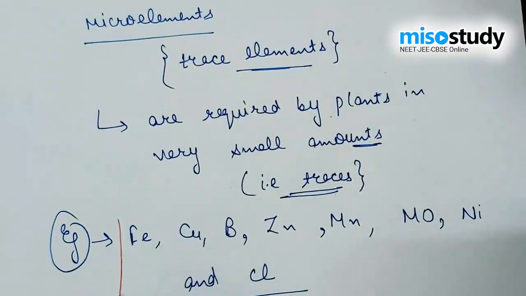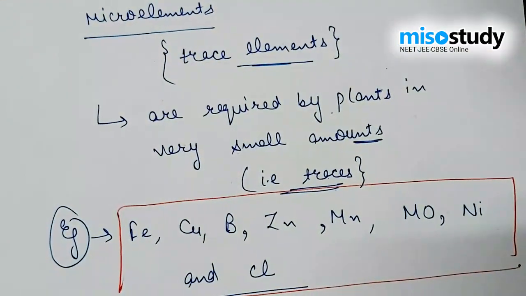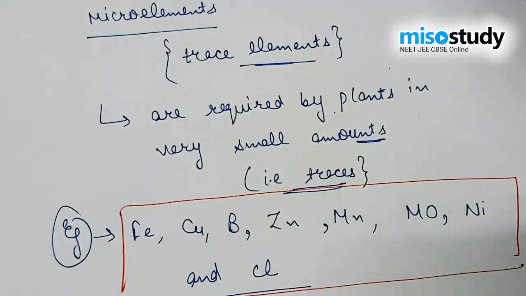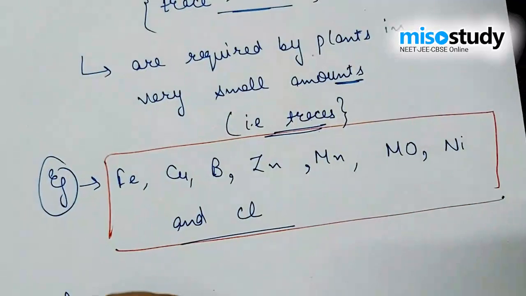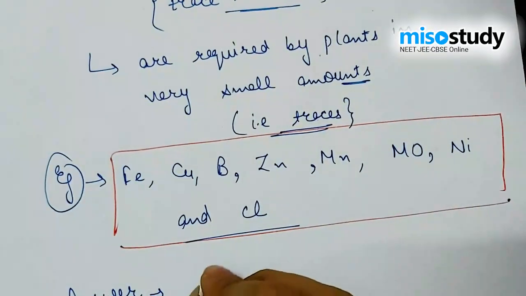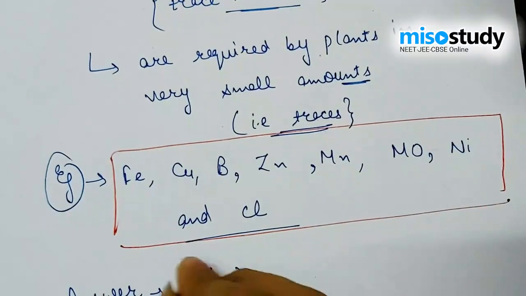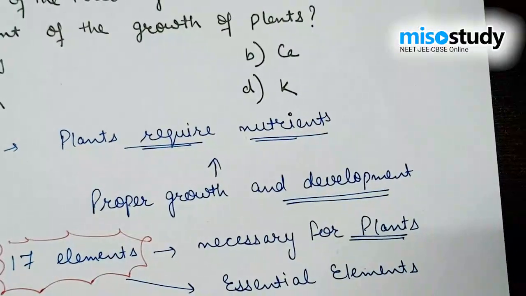These are all examples of micro elements, and I just wrote here the symbols of all the micro elements. So according to the discussion, the right answer for the question is option C. That generally discusses the micro and macro elements and the essential elements.